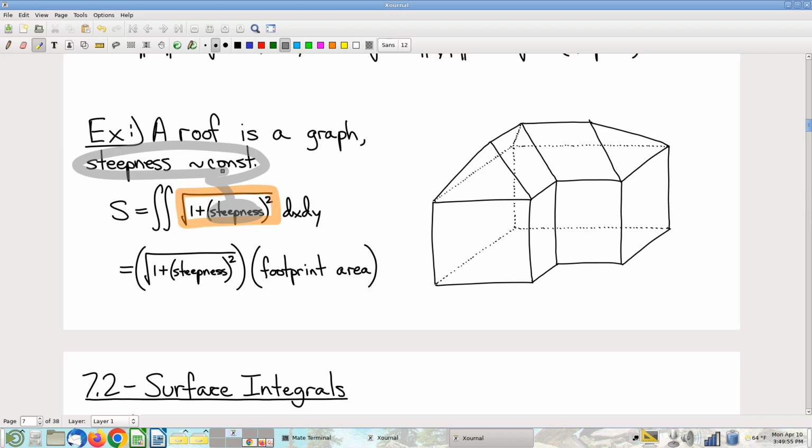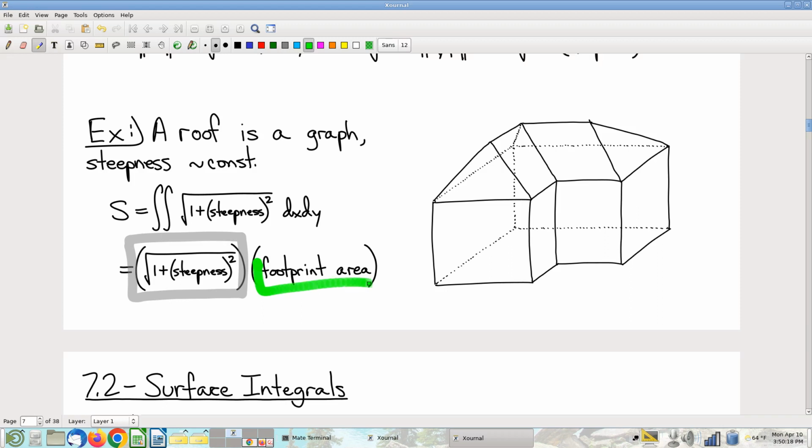Except for a couple of very minor things, all of the very many faces on the roof of my house are all the same steepness. So that means that this entire integrand is a constant factor outside of the integral, and that means that if I just know the steepness, this little thing tells me what I multiply by my footprint area to get the area of the roof. And that's a much easier calculation.